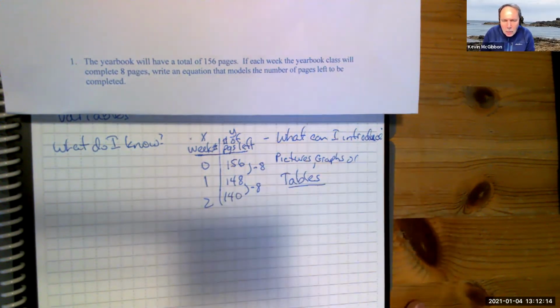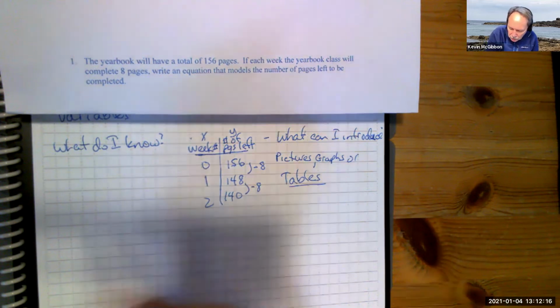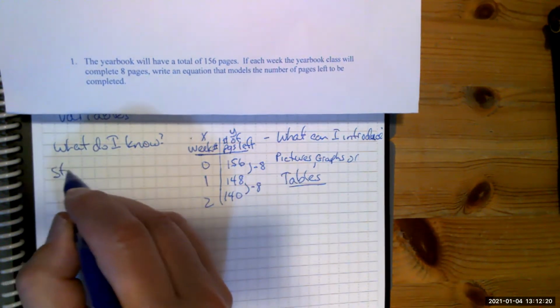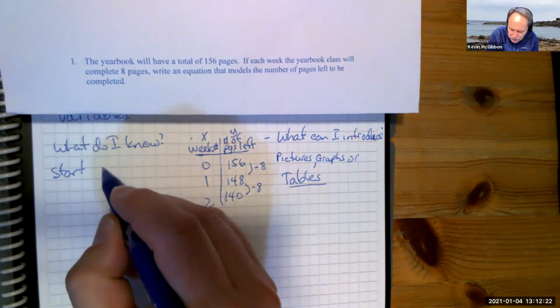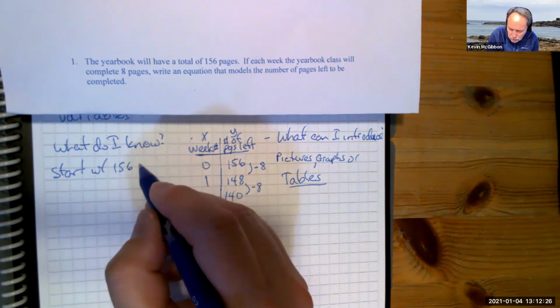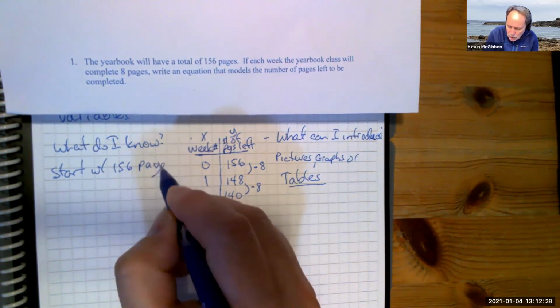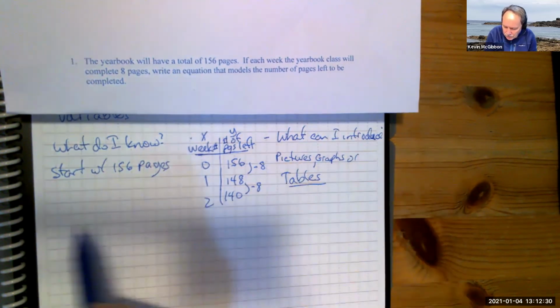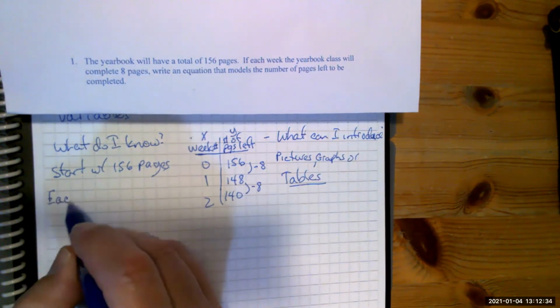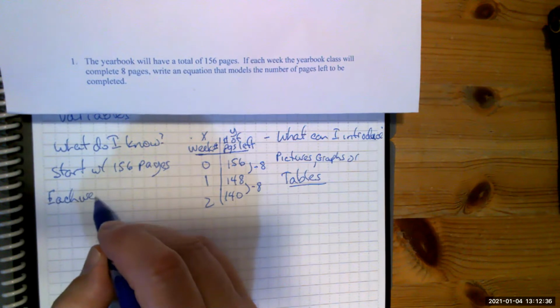All right. So what do we know? We know that we started with how many pages? 156. Start with 156 pages. And then what do we do for each week? We minus 8, from the total amount of pages.